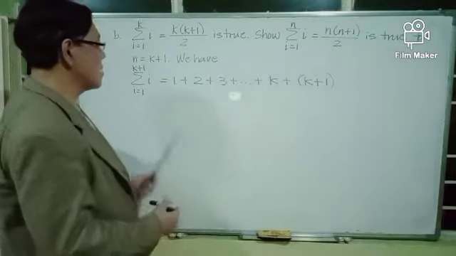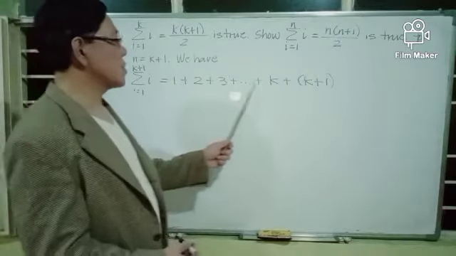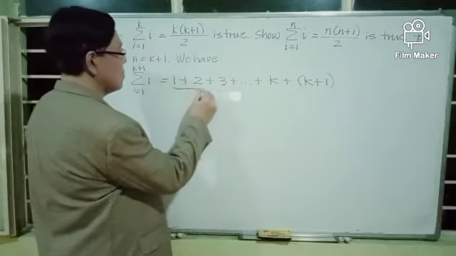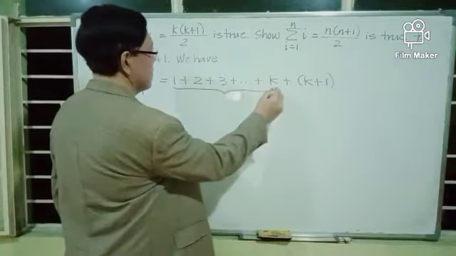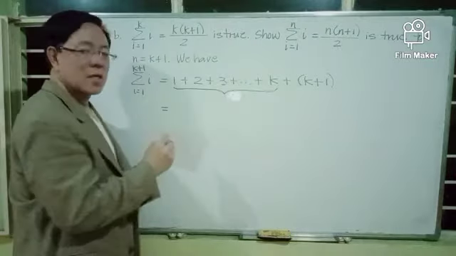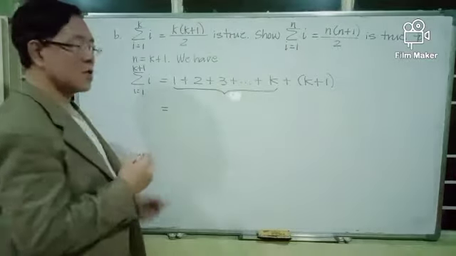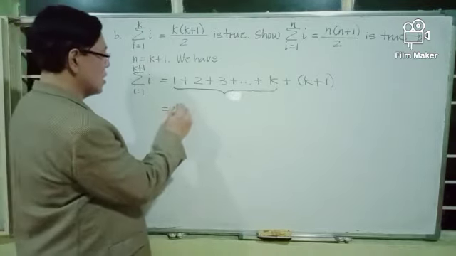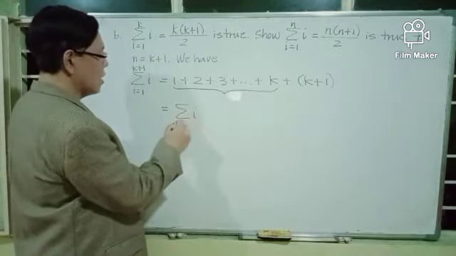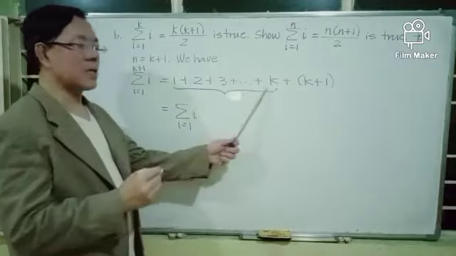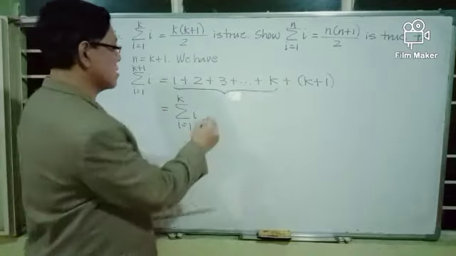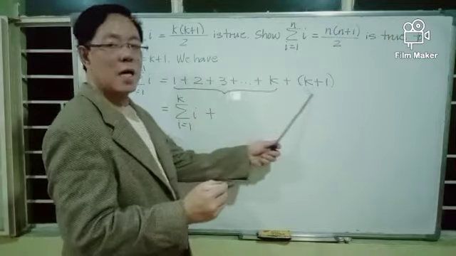But the sum from 1 to k, using sigma notation or compact notation, is equal to the summation of i where i is 1 to k, plus k plus 1.